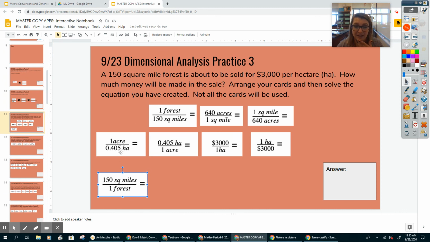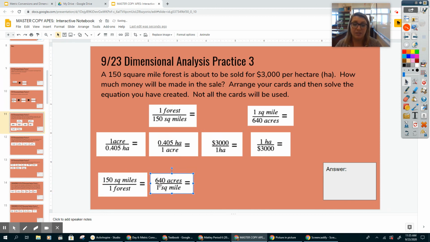So we have acres, hectares, and then we also have money. If 150 square miles is on top, you know that you want square miles on the bottom. Then you're going to move down the next card. And down here is where I want your squares to be. Eventually, you're going to have an answer here.